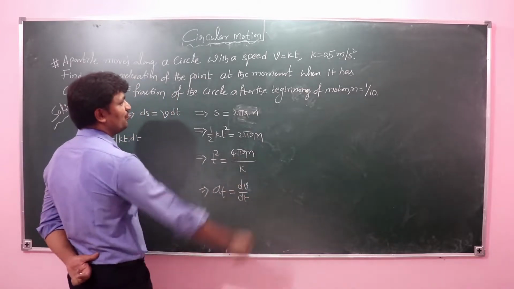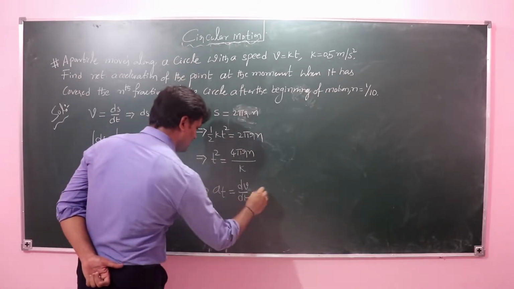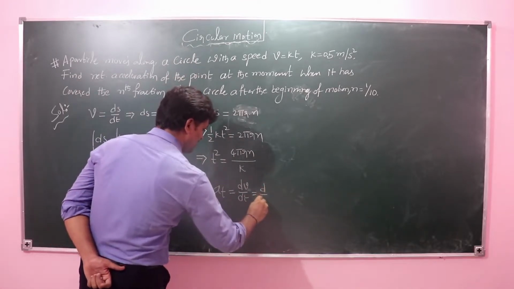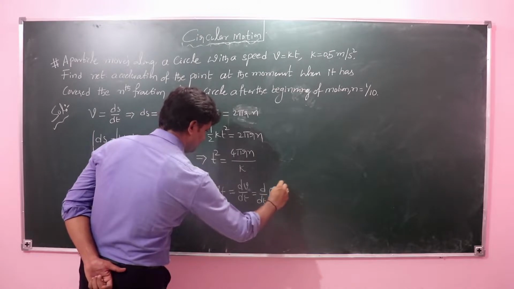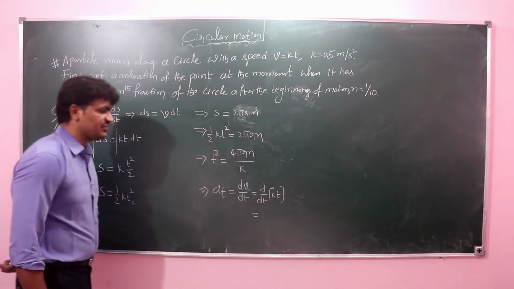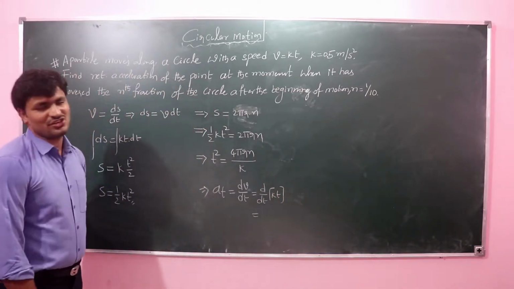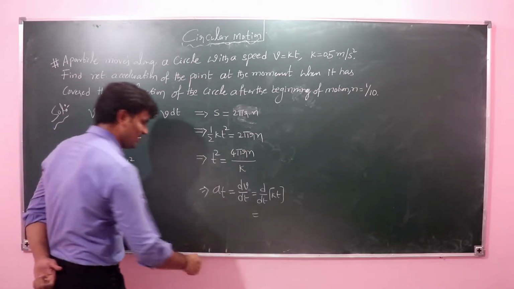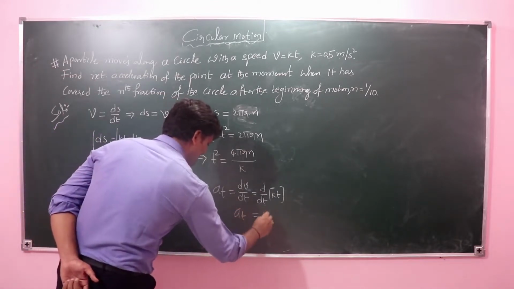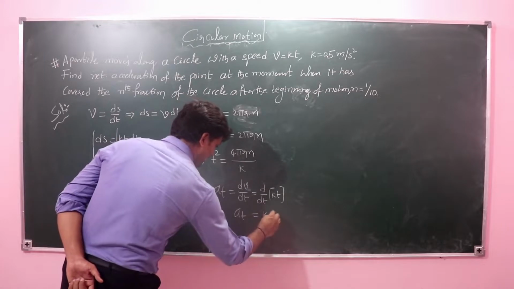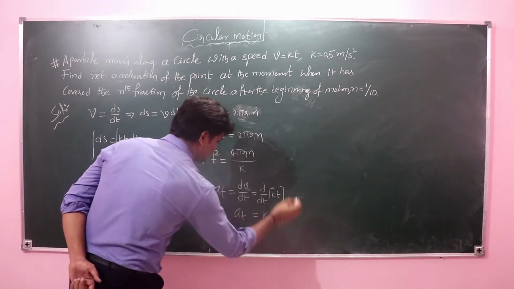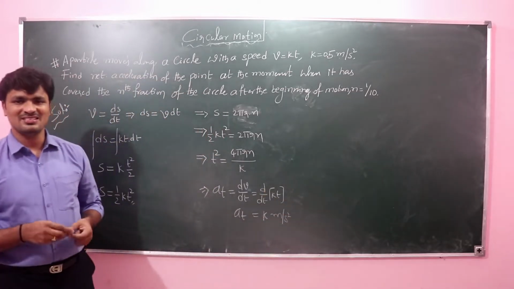What is the value of v? v is equal to kt. Just put it, d by dt of kt. k is constant and differentiation of t is 1. So the tangential acceleration is simply k meter per second square.